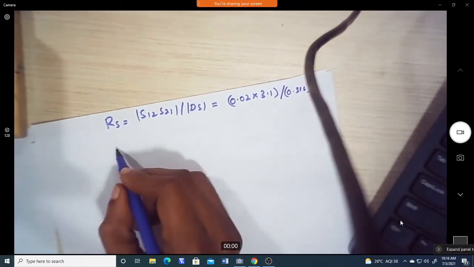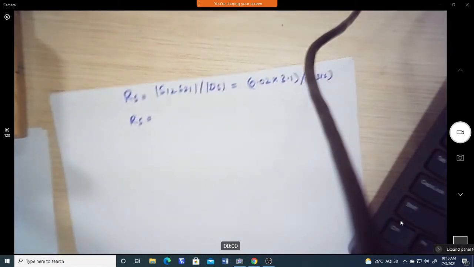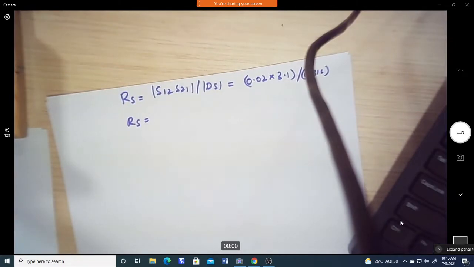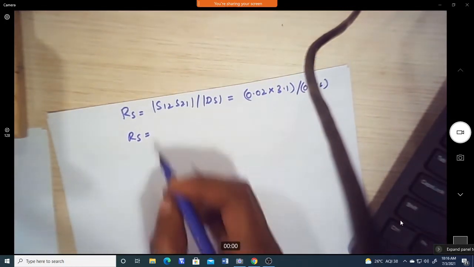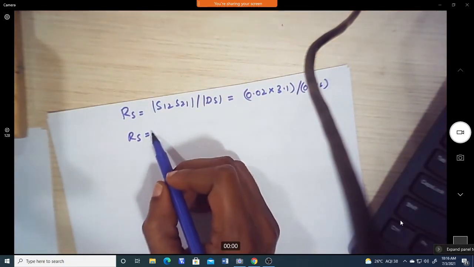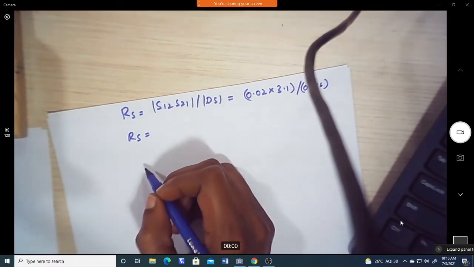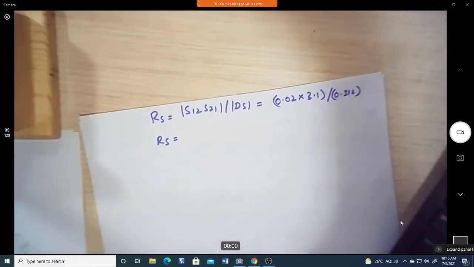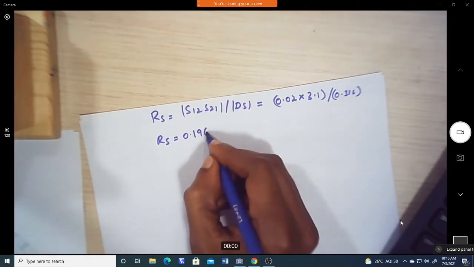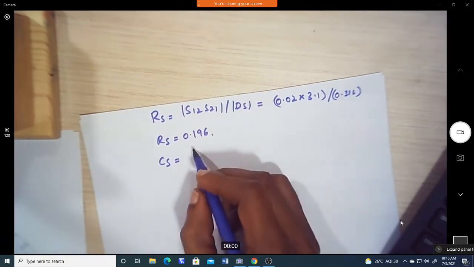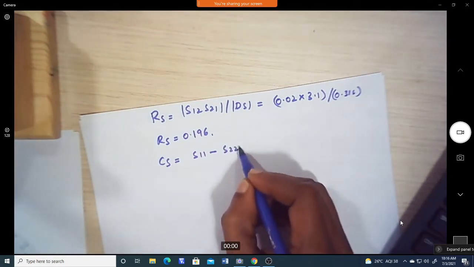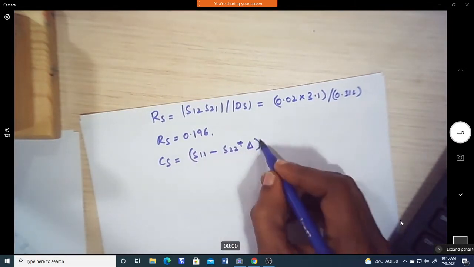So what is the value of RS? 0.196. Now find out CS, which is equal to S11 minus S22 complex conjugate into delta, whole complex conjugate.